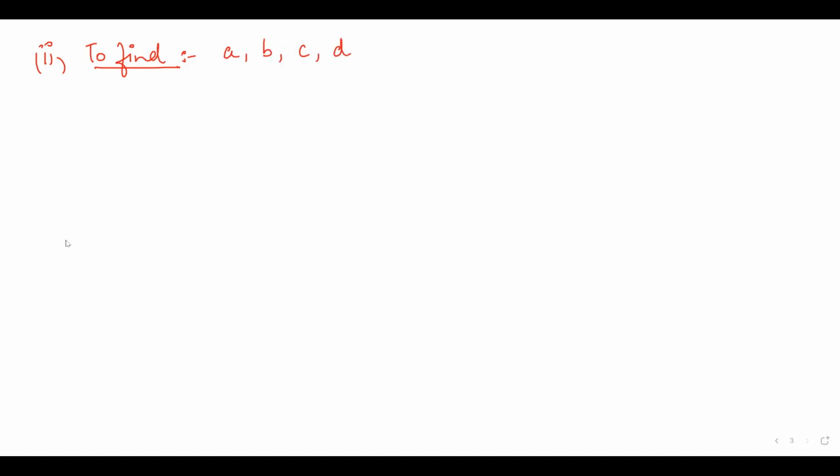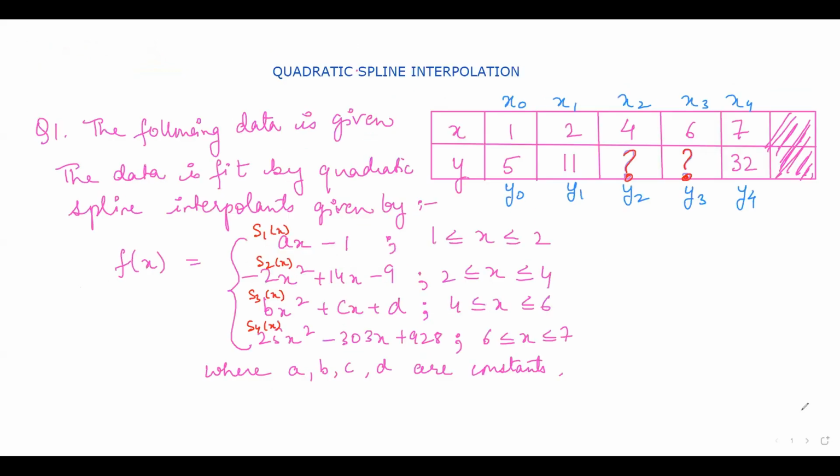Now how to find this? We'll be applying the second condition of the spline. What is the second condition? That the slopes of the splines are equal at the break points. What are the break points? These are the break points, so let me highlight them: 2, 4.